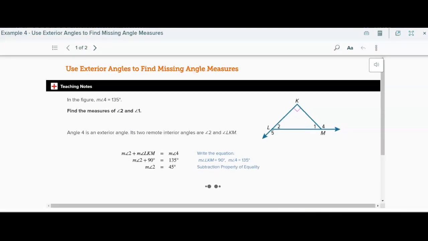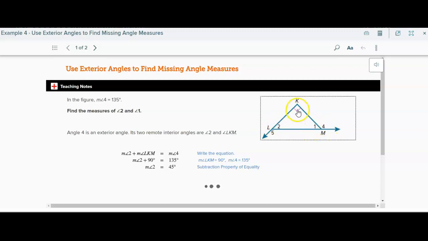All right, angle 4. So now we have to work our way around. This is 90 degrees. Angle 4 is 135 degrees. So think about this. If this is 90, then angle 1 plus angle 2 have to also be 90 degrees, don't they?